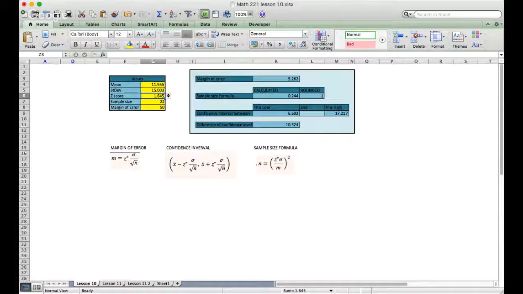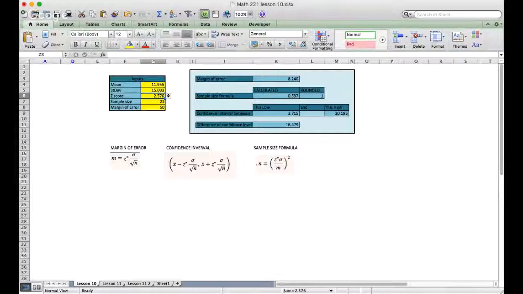And that's what this little asterisk right here means: you don't put in the t-score, you put in the confidence level value. So this is 0.9, this is 0.95, 1.96, and this is 99%.